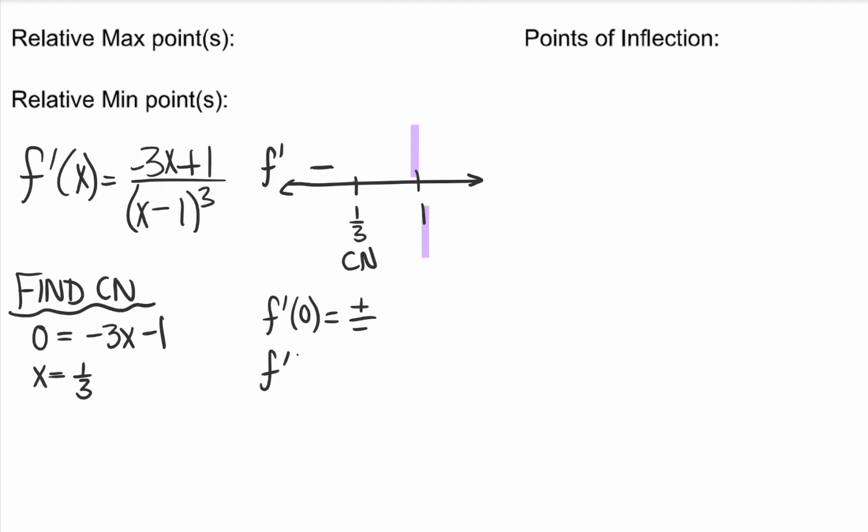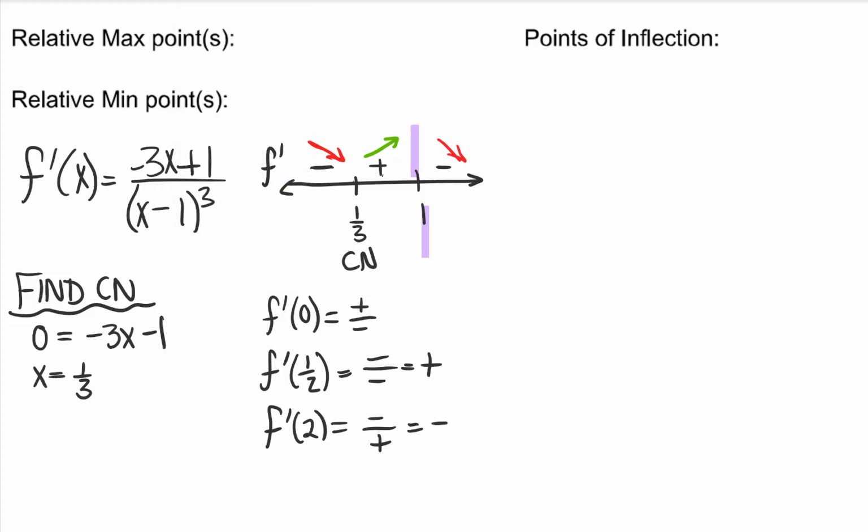F prime of 1/2 is between 1/3 and 1. 1/2 would give me a negative on the top and a negative on the bottom. So that's a positive interval. To the right of 1, let's just plug in 2 and see what is our sign. That's a negative on the top, but a positive on the bottom. So that is a negative interval on f prime, meaning f will be decreasing from 1 to infinity.